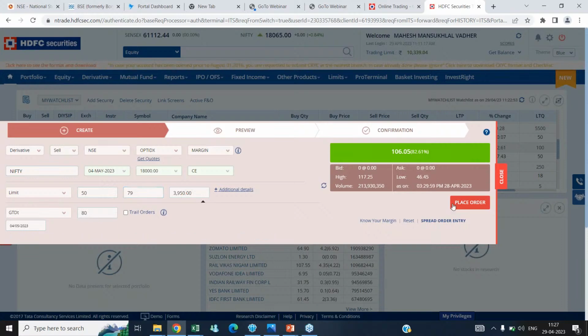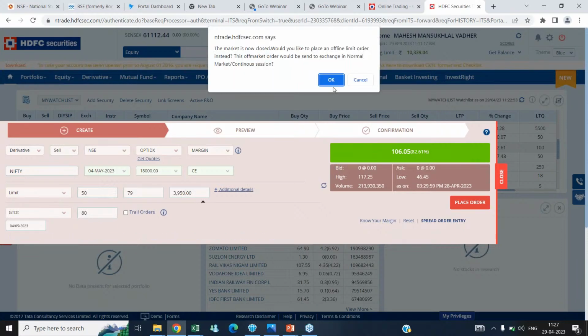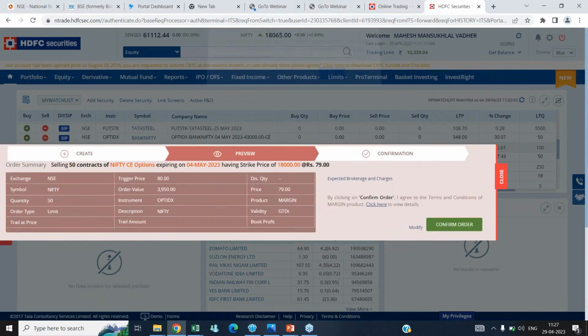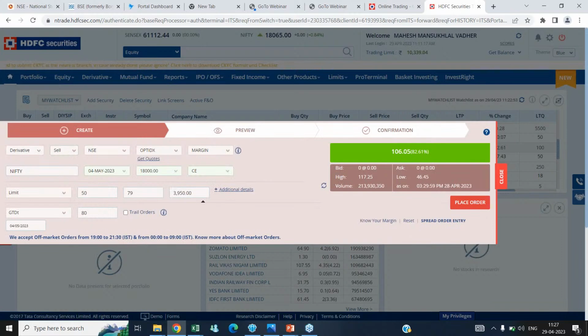And once I place this order and confirm, this order will automatically go into the exchange till 4th of May. This stop loss order would be valid at 80 rupees. Whenever 80 rupees comes till 4th of May, this order will automatically get executed. So no need to place this stop loss order on a daily basis.